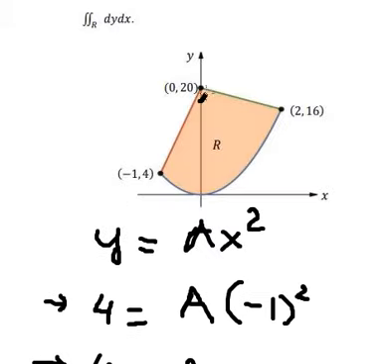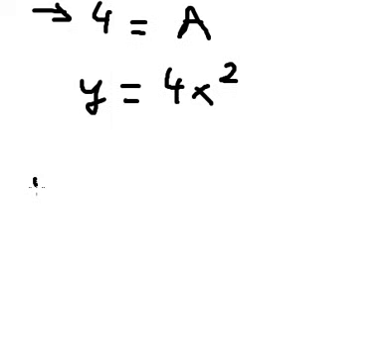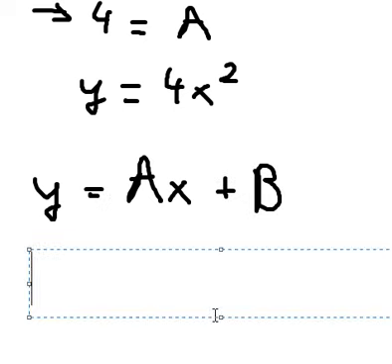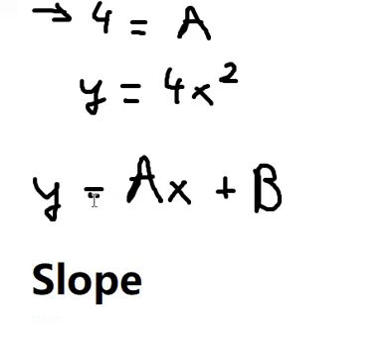Now let's go to the red line in here. To find the red line, we have the points in here. The formula of this one is y equals a x plus b. To calculate a, we can use the slope, that is delta y over delta x.